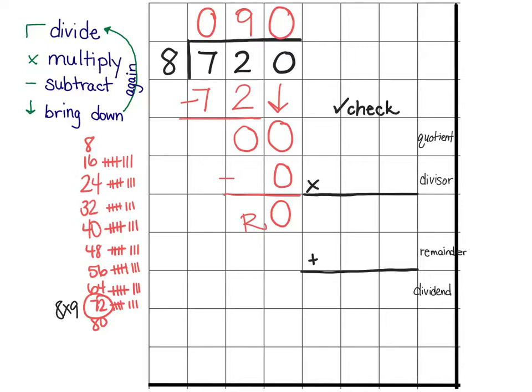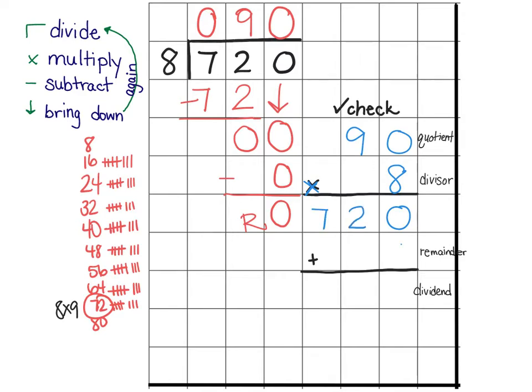Let's check our answer. Quotient, 90. Divisor, 8. 90 times 8. 0 times 8 is 0. 9 times 8 is, so these are all the 8s. 8 times 1, times 2, times 3, times 4, times 5, times 6, times 7, times 8, times 9. 8 times 9 is 72.